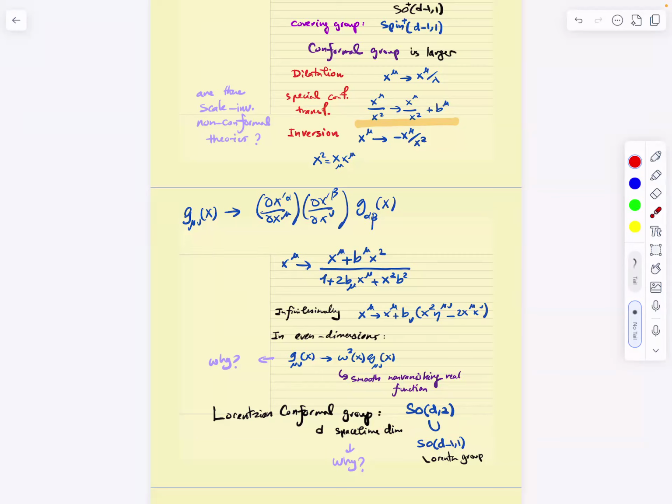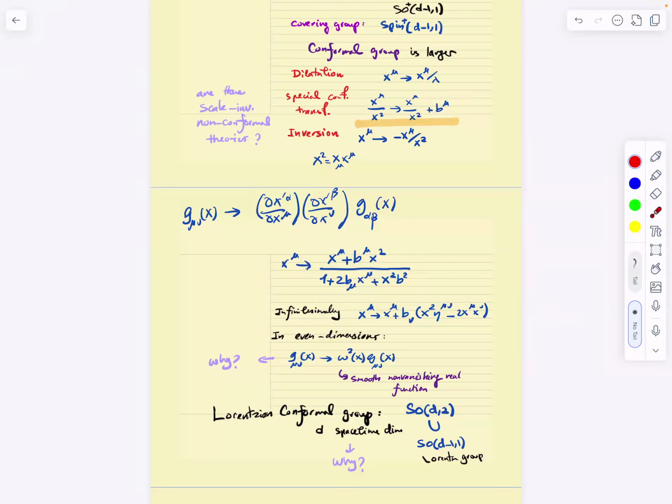In the example that I just gave you, the 0 plus 1 dimensional conformal group, I said it's the Mobius transformations, PSL(2,R). And what is this? This is SO(1,2). There's a plus here, actually. SO(1,2) in 0 plus 1 dimensions.